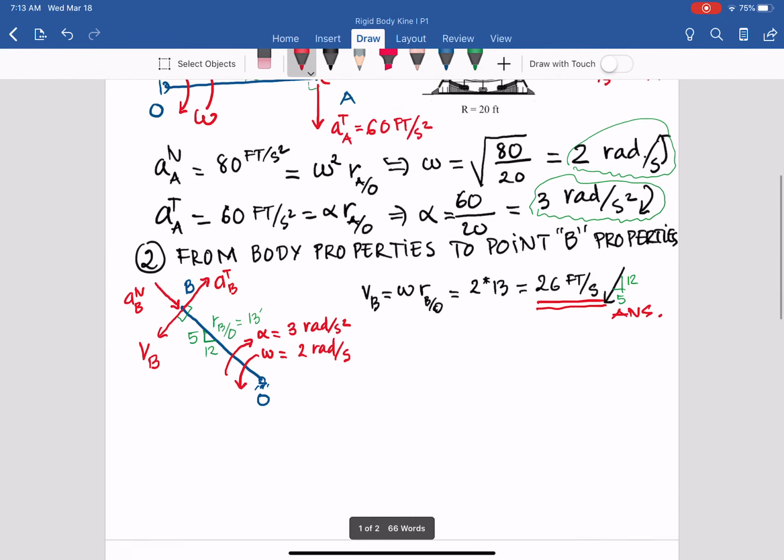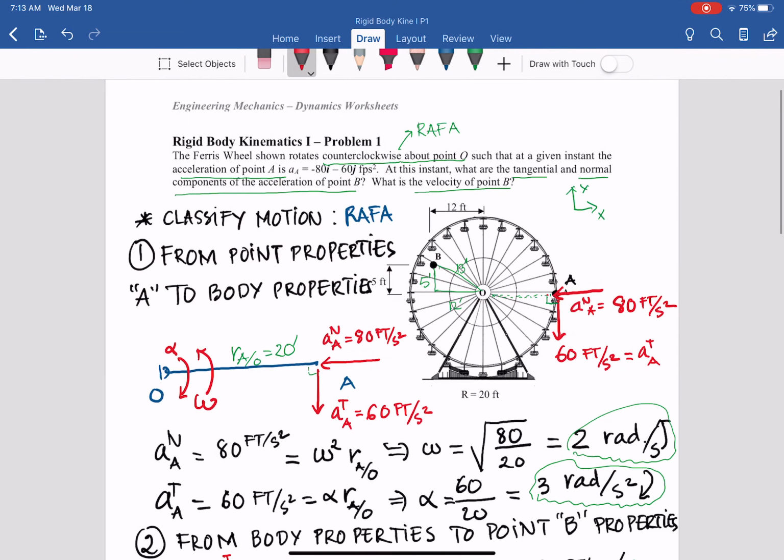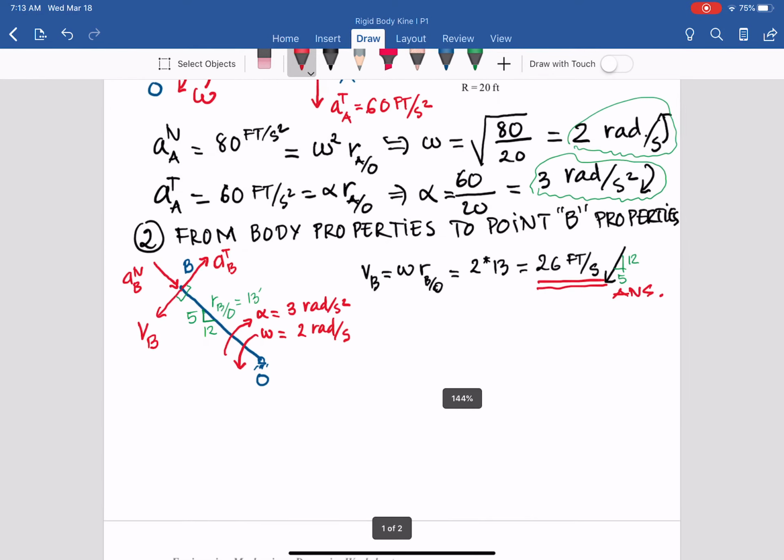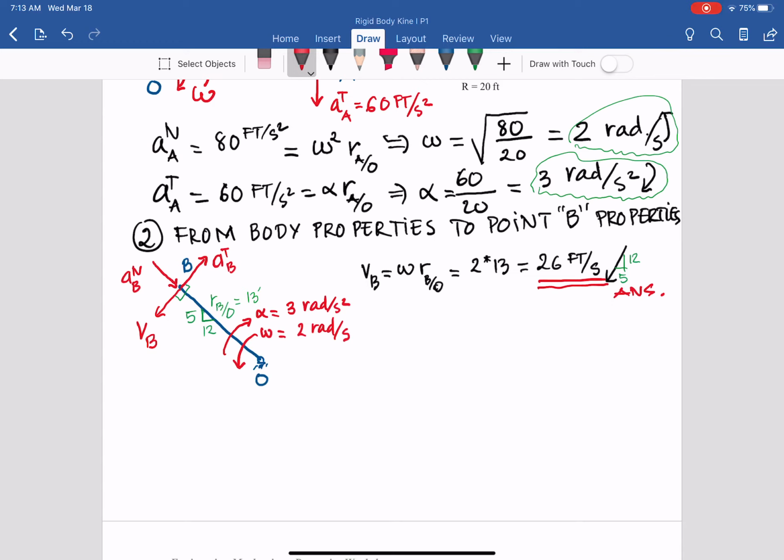The next question is, what are the tangential and normal components of acceleration of B? Again, we just apply the equation. Start with A_B_T, tangential, equal to alpha times R_B relative to O. Alpha is 3 times 13, the radius, so you have 39 feet per second squared, and the direction goes up.